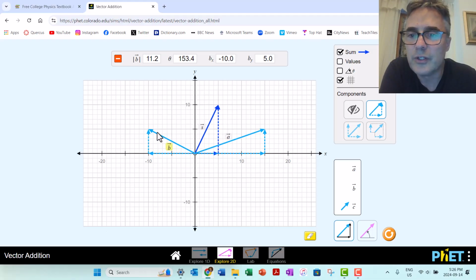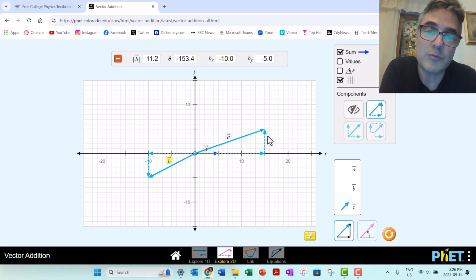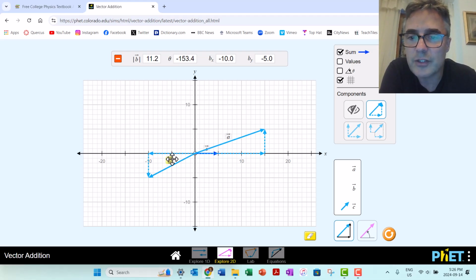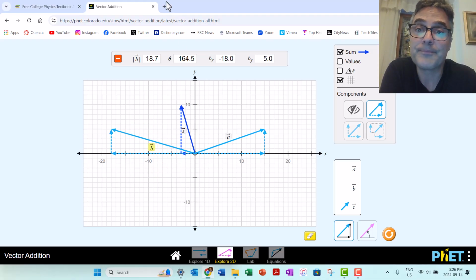You just add those. Or if you put it down here, the y component goes away if you have plus 5 minus 5. So the components add to give you the sum vector as well.